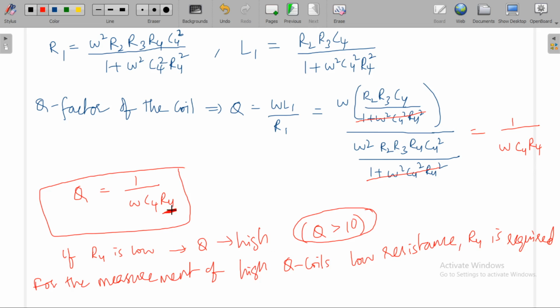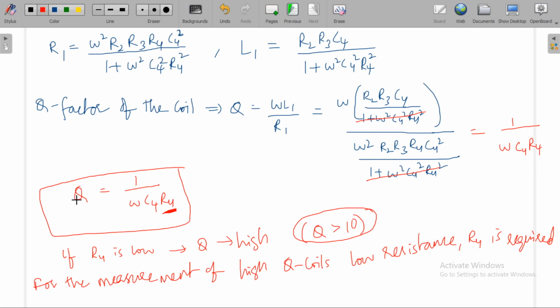Low resistance of the decade box is required. So using low resistance we can measure high Q factor coils.